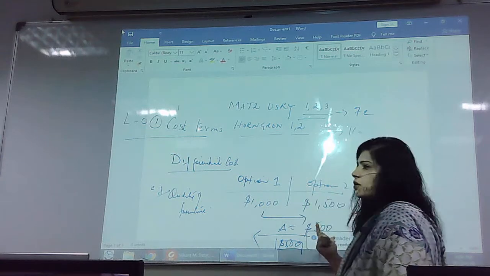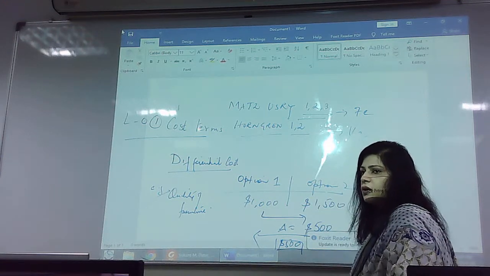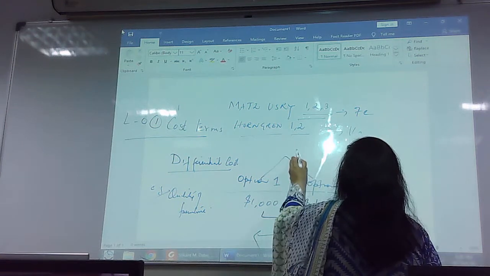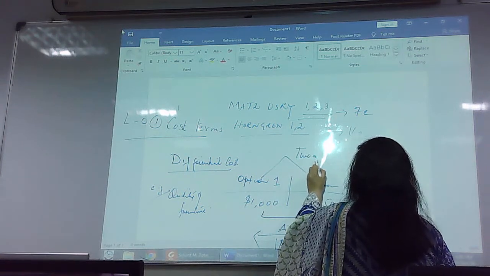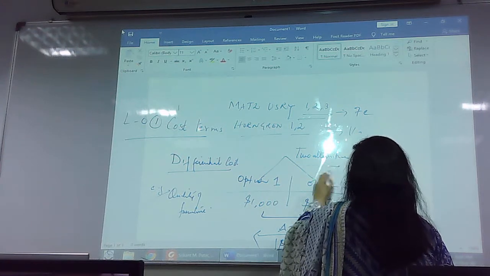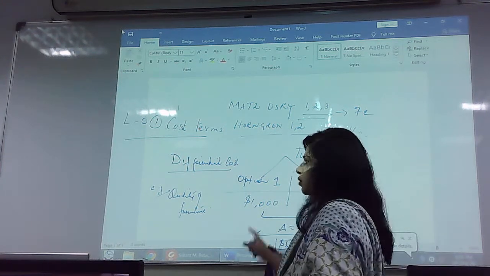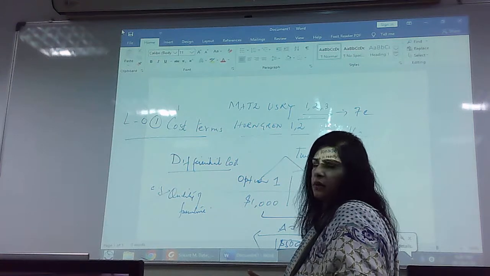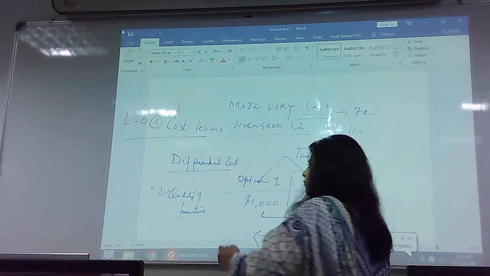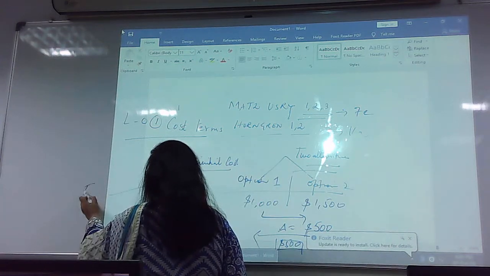This is the differential cost. So when you ascertain the cost between two alternatives, any cost differentials that might happen in the future, these are future costs too, in a way, because you're going to be employing a different option.